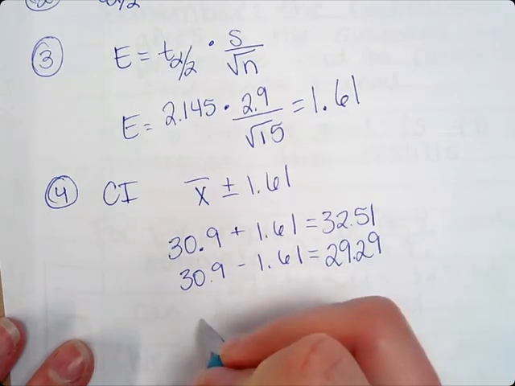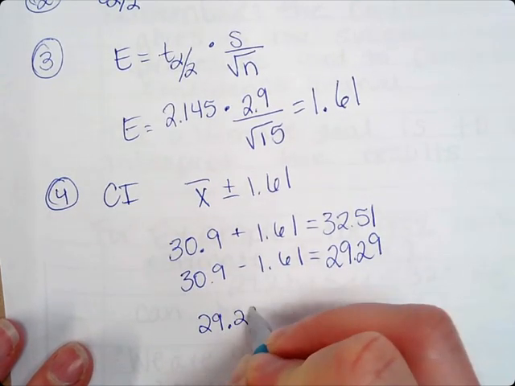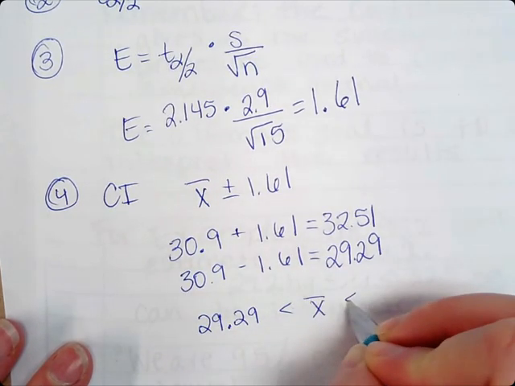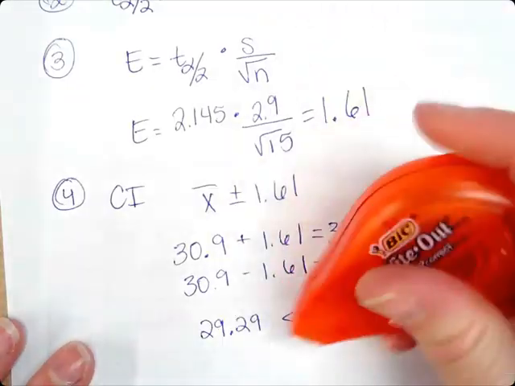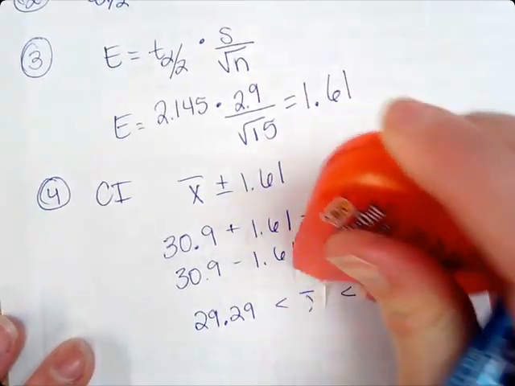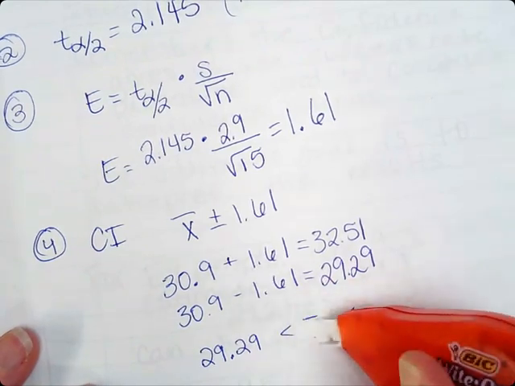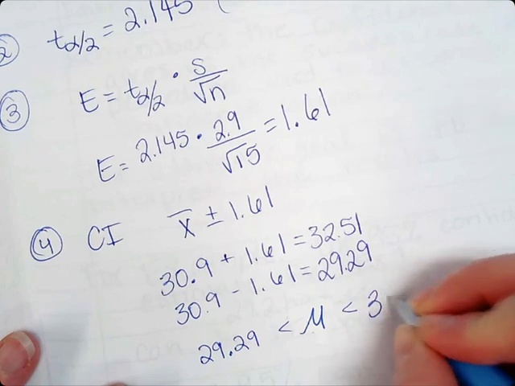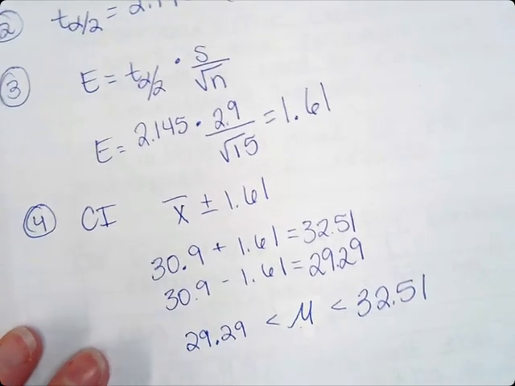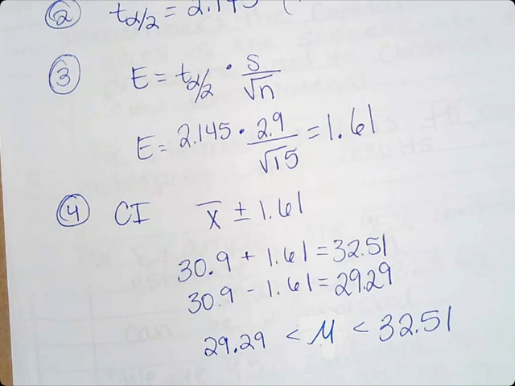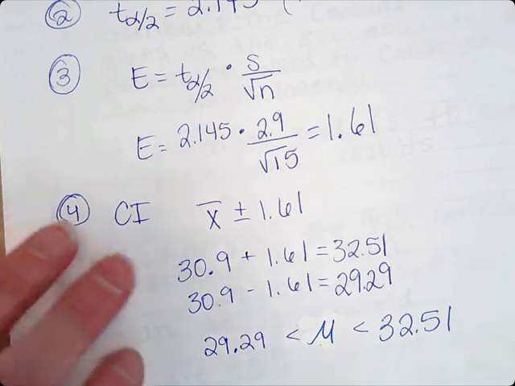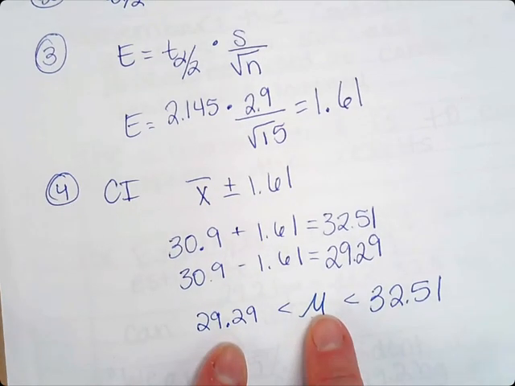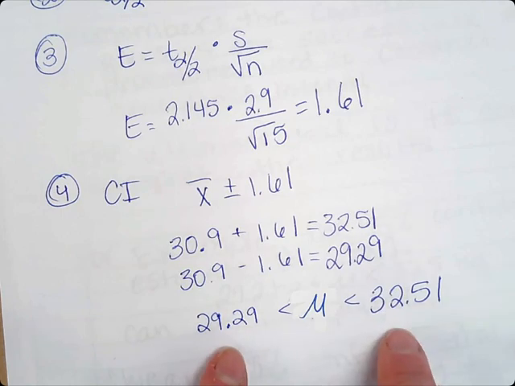So our confidence interval would be, the lower, the next bar is, no, that should be mu, because we're talking about the population mean. Because that's what we're finding the confidence interval of. So someone would be 95% confident that the population mean would fall between these two values.